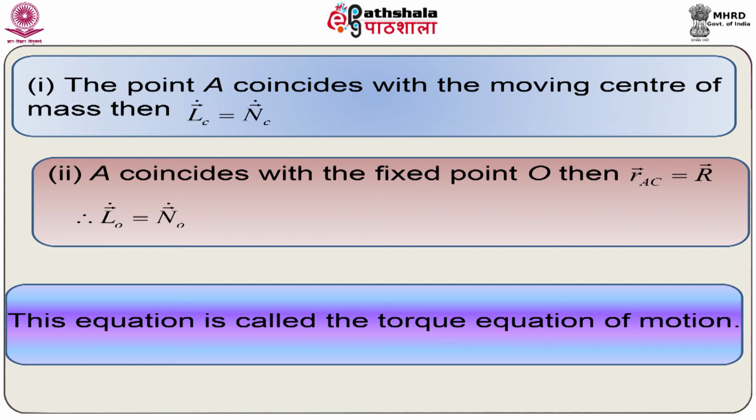This equation, equation 9.3, is called the torque equation of motion. So far, we have discussed the equation of motion of a system of particles. Now, we are going to discuss the equation of motion of a rigid body.